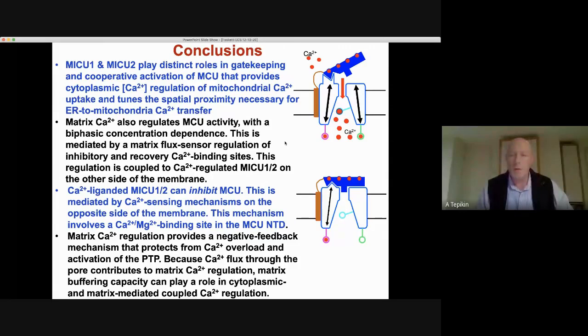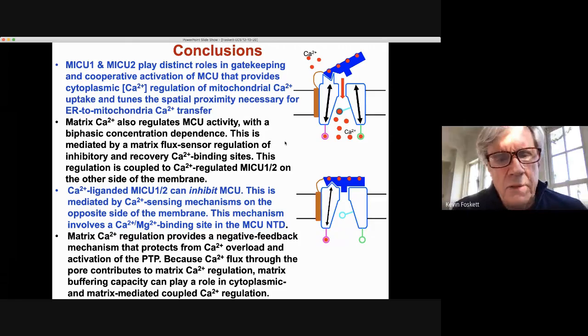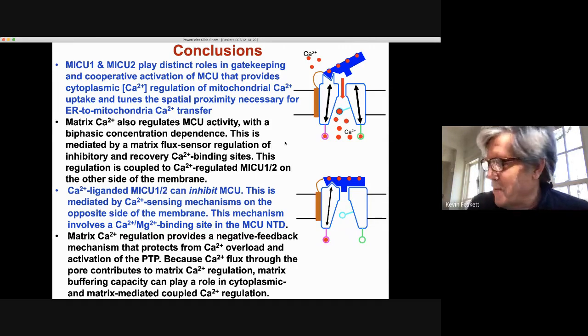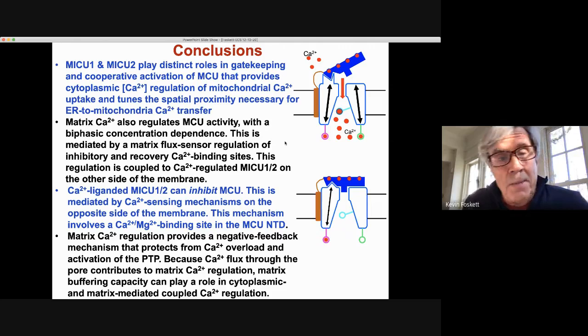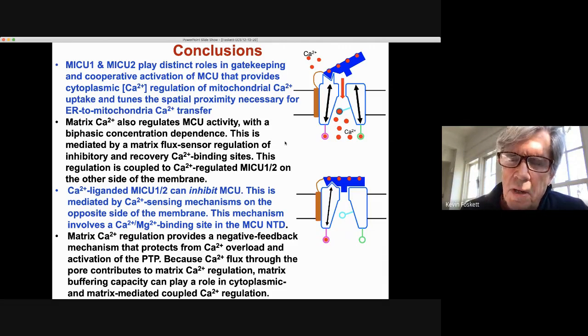Great, thank you very much. There is a question from Martin. So, are the mechanisms described conserved in all cell types? Yeah. Some of the pushback I've gotten from this has been about the matrix calcium regulation.